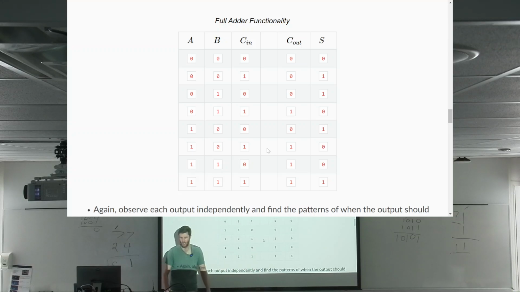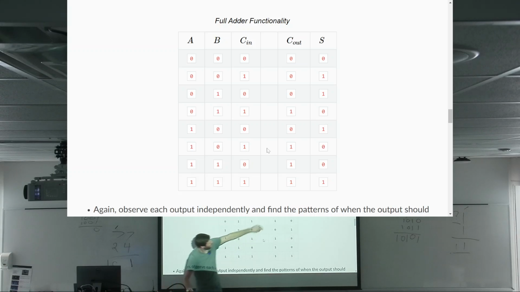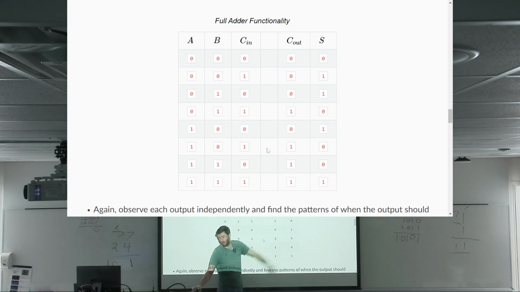It's the same as 0, 1, 1. All that really matters is whenever there are 2 bits that are high, it's carry high, sum 0. If you have an odd number of ones, then it's S.